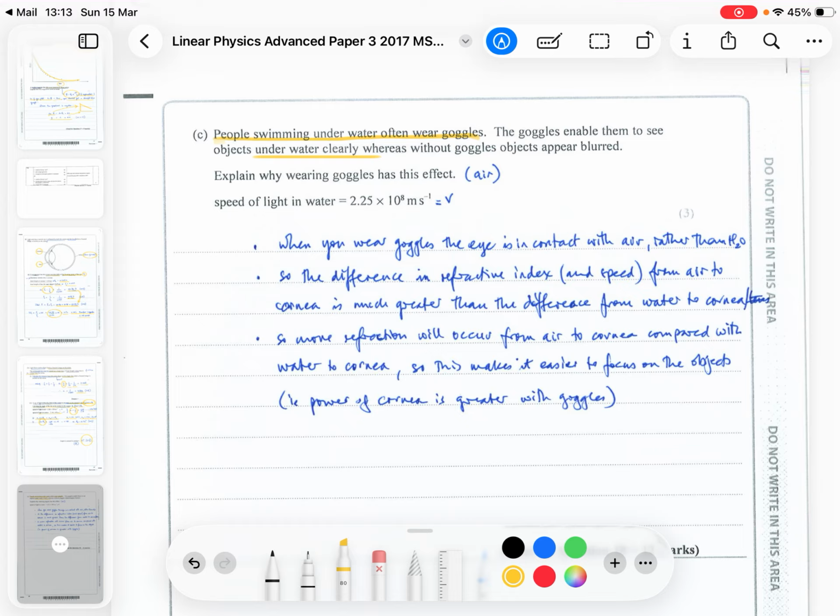So the refraction will differ based on the relative refractive indices of the two materials. Air to cornea, higher difference in refractive indices. Water to cornea, similar refractive indices. So you see the speed of light in water is 2.25 times 10 to the 8 meters per second.